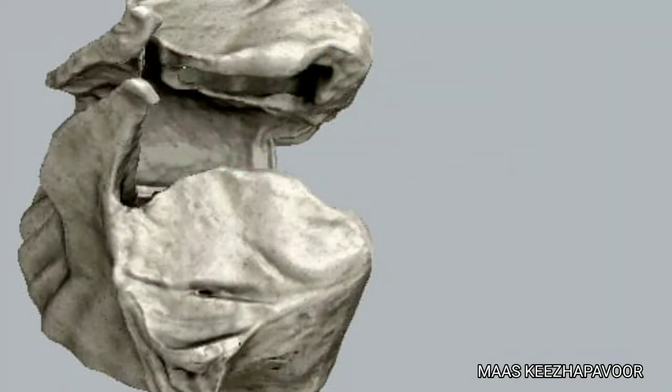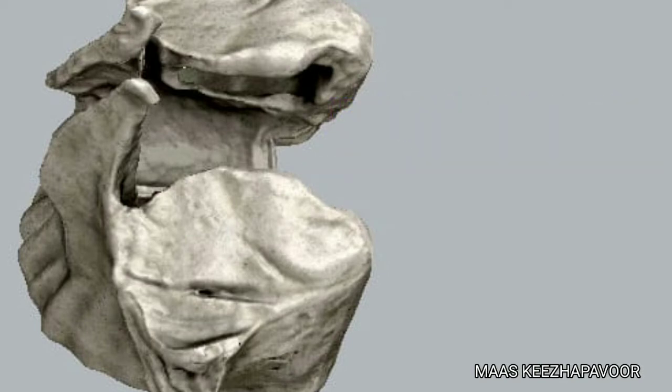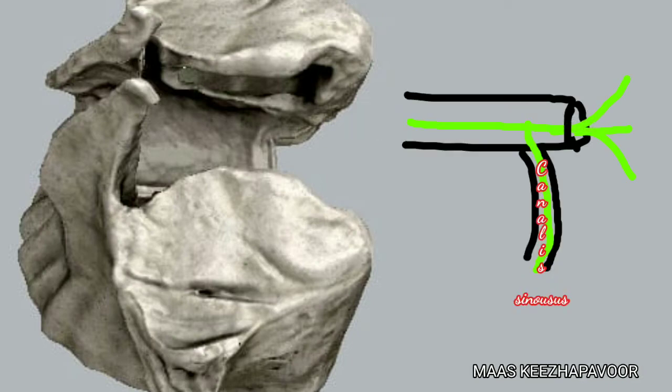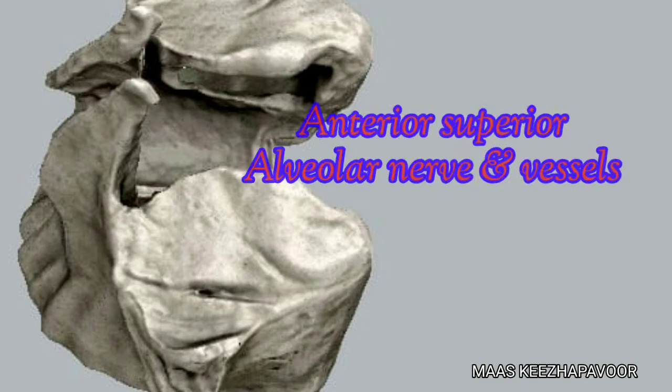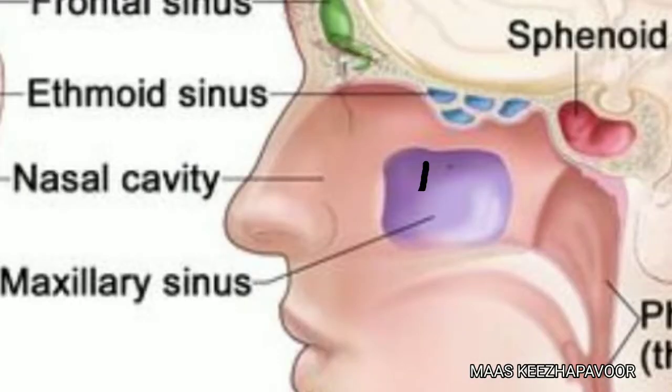The infraorbital nerve and vessels are transmitted in this groove. The infraorbital canal gives the canalis sinuosus, which transmits the anterior superior alveolar nerve and vessels. Canalis sinuosus lies in the anterior wall of the maxillary sinus.